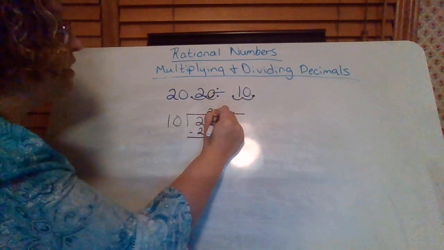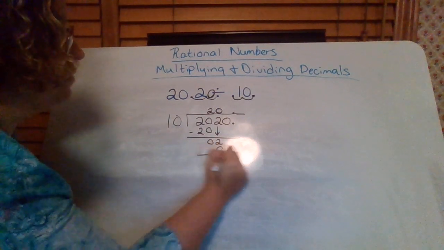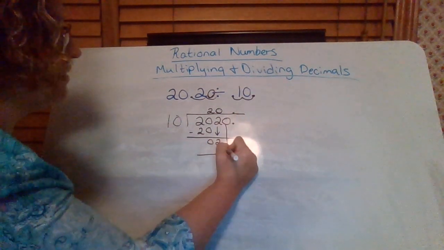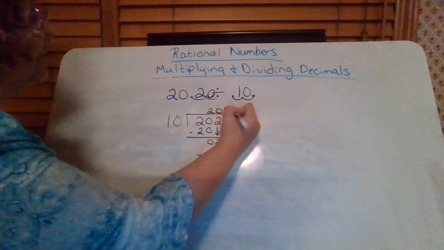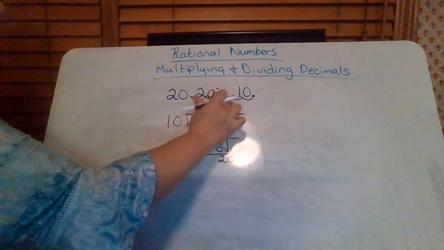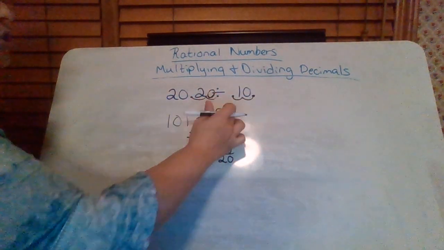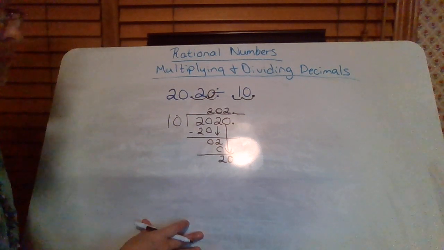So you have to put that 0 there. Okay, so 0, have a 2, bring down a 0. Now, how many times does 10 go into 20? 2. So 20.2 divided by 0.10 is 202. And that's your answer. Okay?